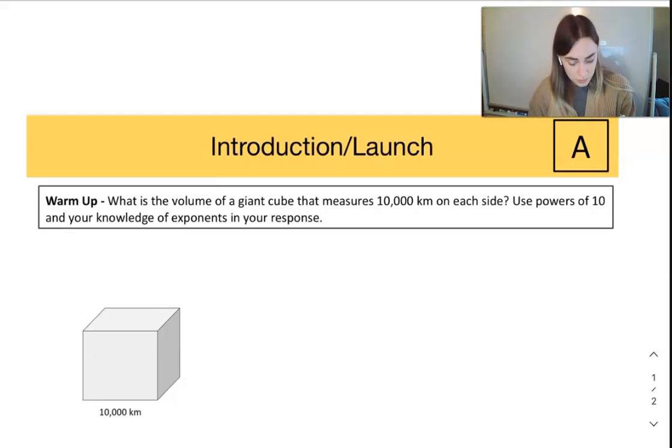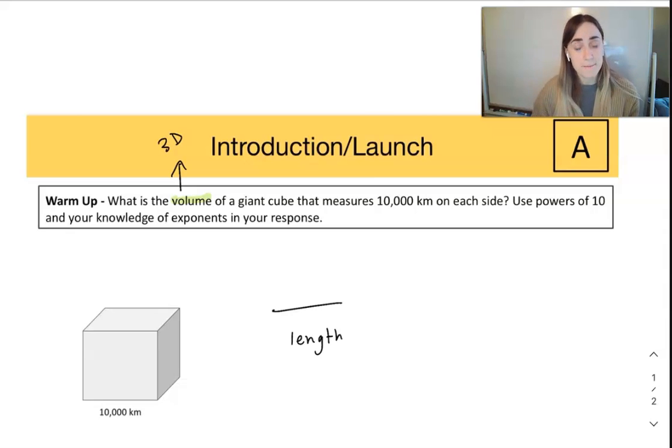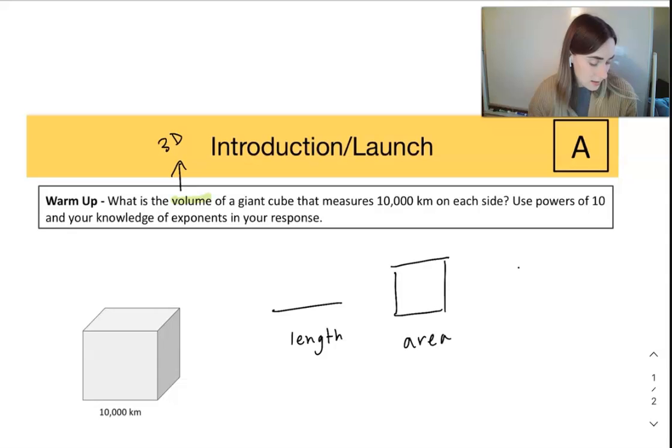So volume is always 3D. So when we think about how to measure shapes, we can measure length, which is one-dimensional. We can measure area, and then our 3D shapes, we measure volume.